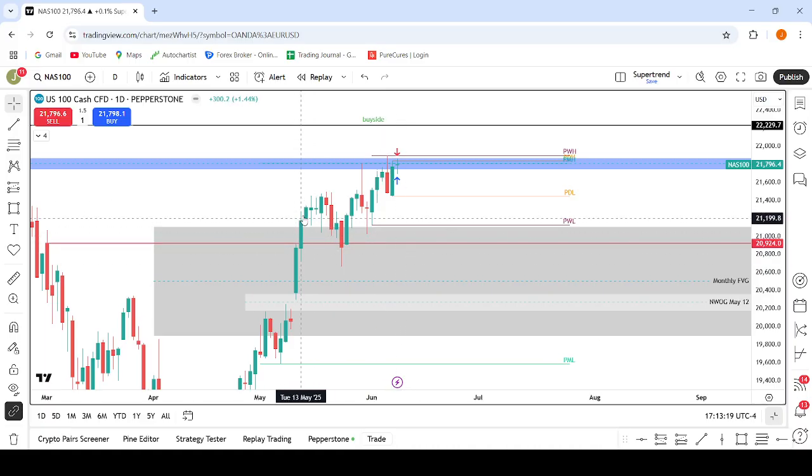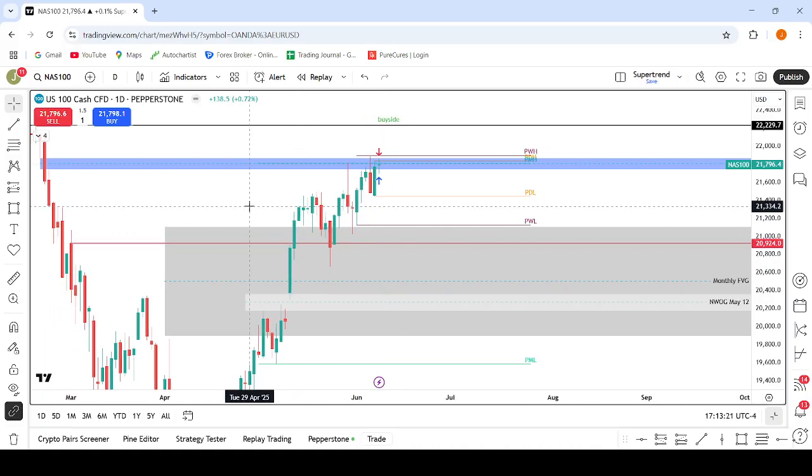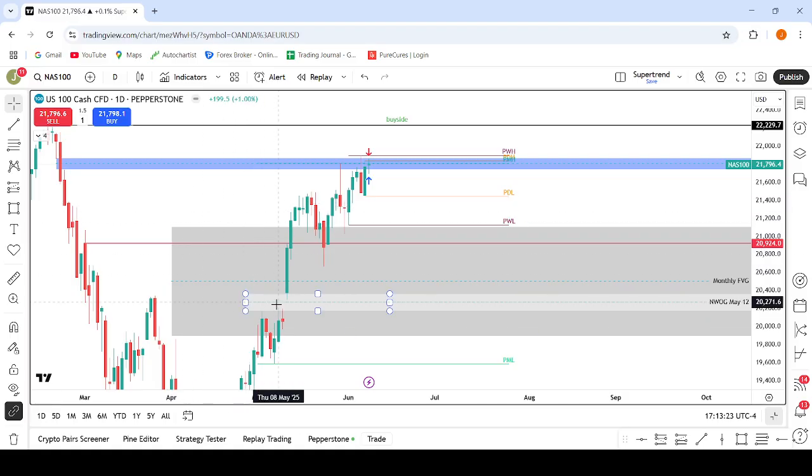But you could say we are looking at a market structure shift on this daily, because if you notice, we've gone high, we've gone low into this busy, we've gone higher high. All we need to do is get a low down here with another civvy, then that could give us our change in state of delivery for continuing up.